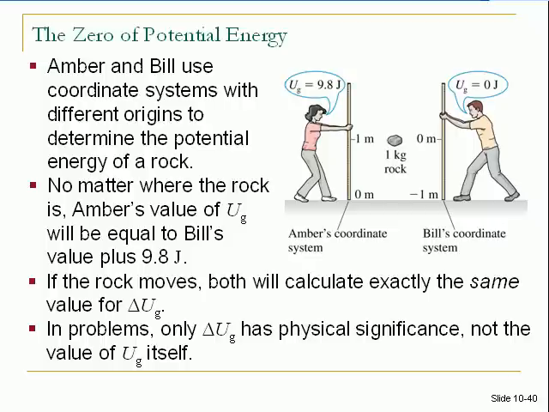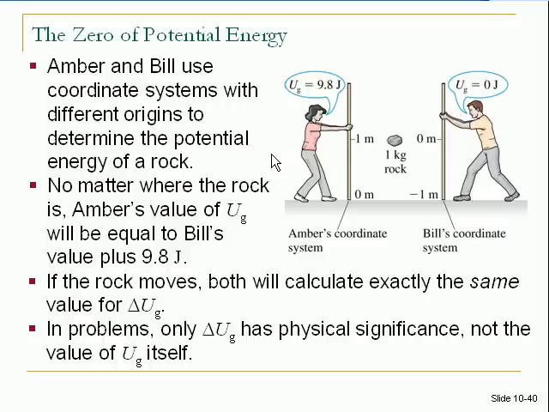Now you might be asking, hey, how do you know where zero gravitational potential energy is? Well, it turns out it doesn't really matter, because quite frequently we're going to be curious about how gravitational potential energy is changing. And if you choose zero gravitational potential energy at a different point than somebody else, they're still going to find the same change in gravitational potential energy regardless.